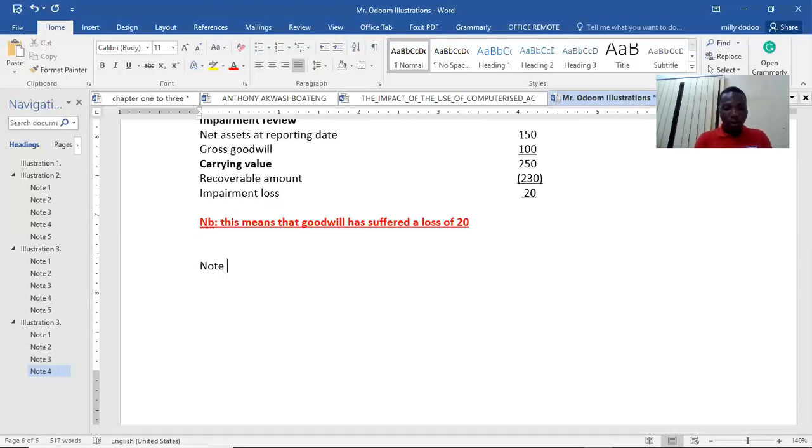So when we go to our note 5, we are going to find our accumulated group surplus, or let me say accumulated surplus, and that is for the holding company.